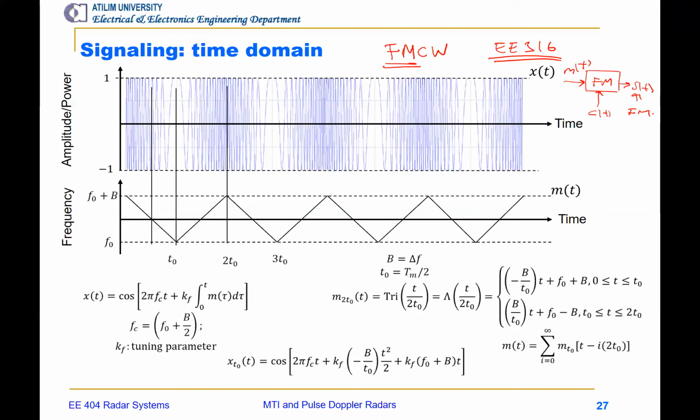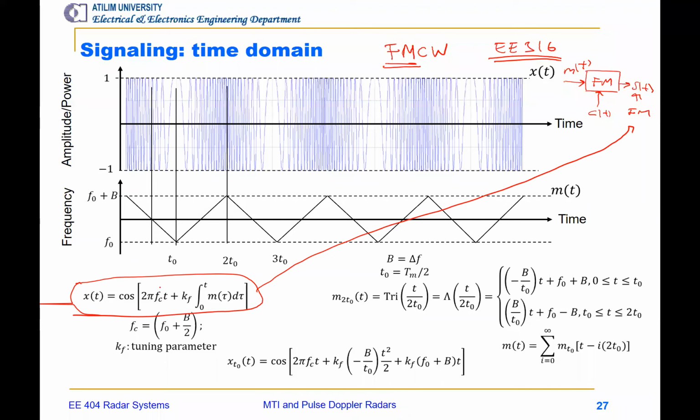So we tune a frequency band: how much we increase the frequency and how much we reduce it. So there is going to be a bandwidth anyway. Mathematically, that s(t) here can be written in this form. From the communication systems course, you should know this. You might remember this easily if you look at that course material.